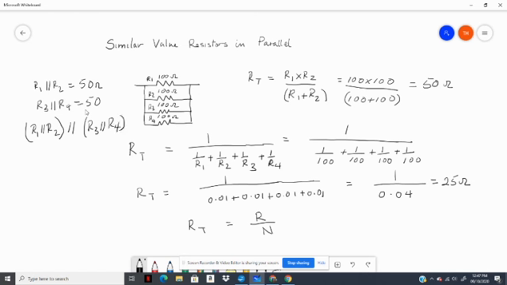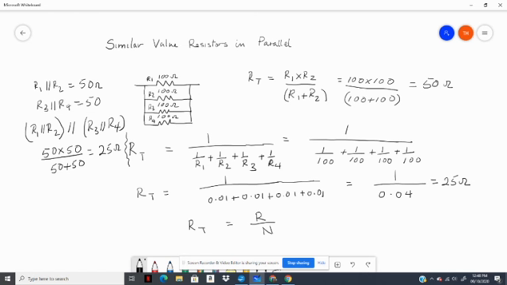What we're going to get is 50 times 50 over 50 plus 50, and that works out to 25 ohms.